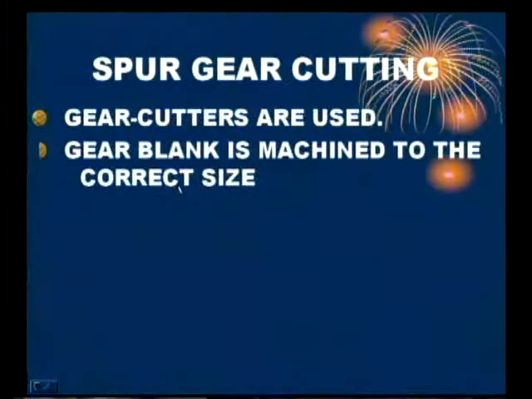You have to calculate the blank diameter. This diameter depends upon the number of teeth that are to be on the gear, type of profile of the teeth, pitch and module, and all these things will be deciding the size of the gear blank.